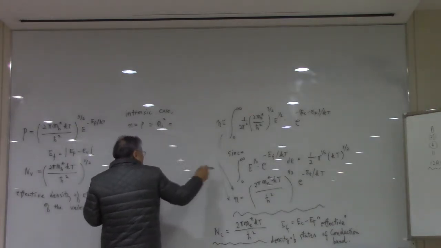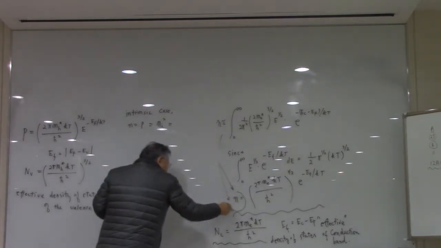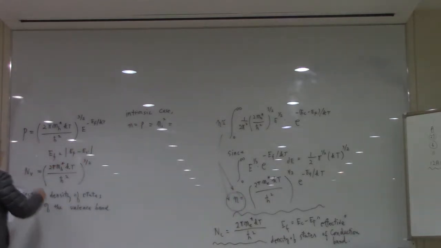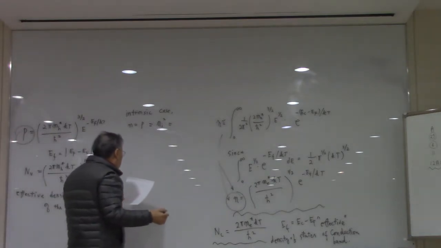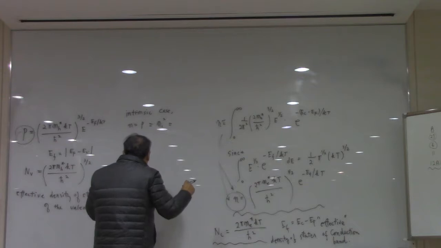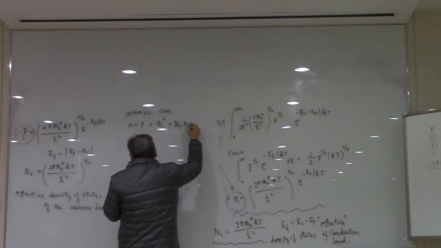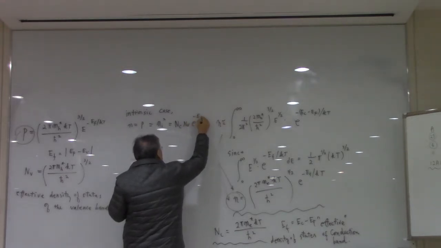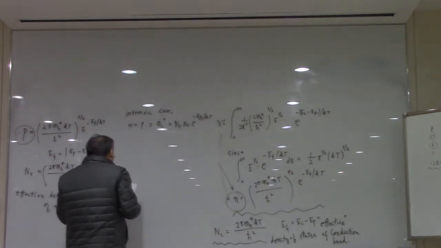So if you have this N and this P, you make a product and then take a square root of that. Then you end up with NC NV e to the minus band gap over KT. All right?